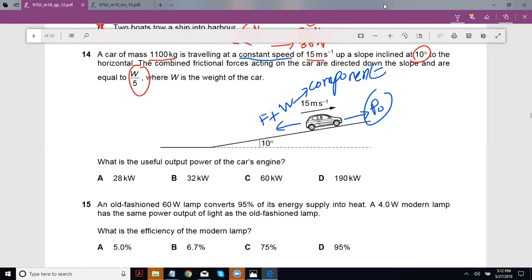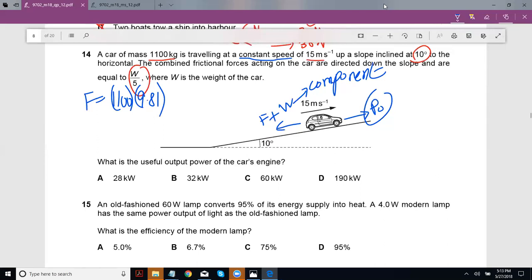So let's first figure out your frictional force. I believe you can do that by W upon 5. W is mg, so that is 1100 times 9.81. I believe 10 would also work, it will give you a nice rounded value, but I don't like to take the risk.